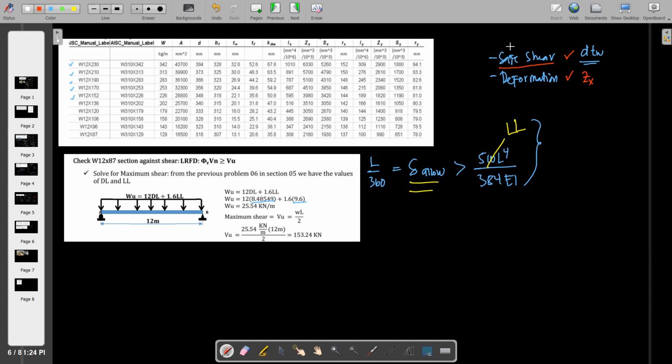So, once you have established na may safe shear ka at bagsak siya sa deformation, of course, you will consider another section that is greater than this na mas mataas yung D Tw so that safe pa rin siya sa shear, check yan, at safe din siya sa flexure.